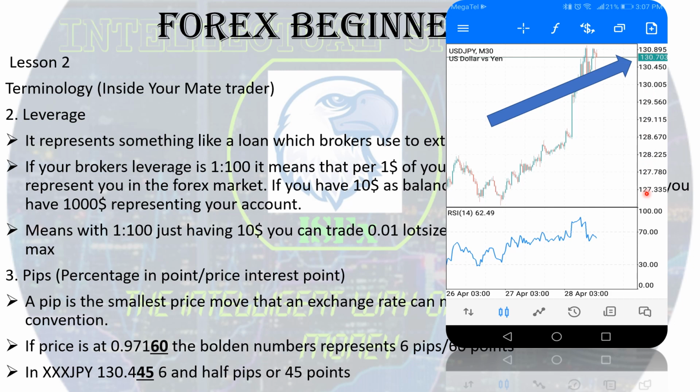Generally, in every pair you will have your price on the right-hand side. The current price of the market is this one where there's a green line.